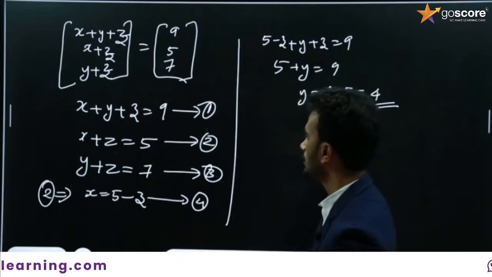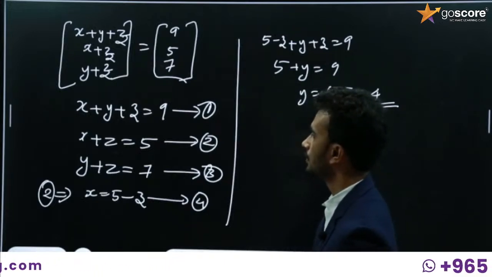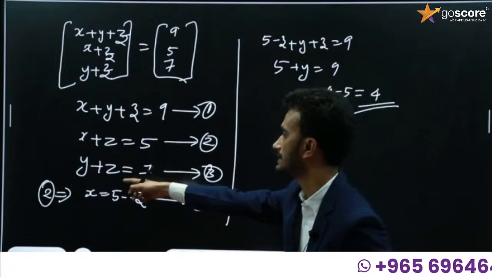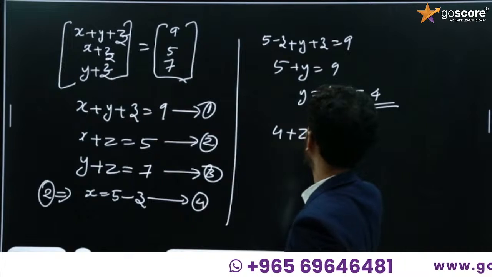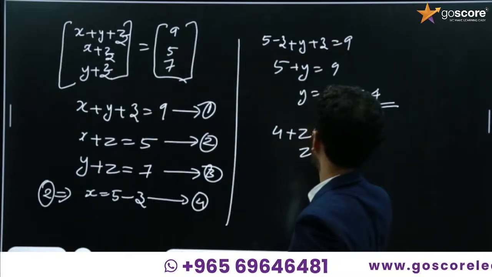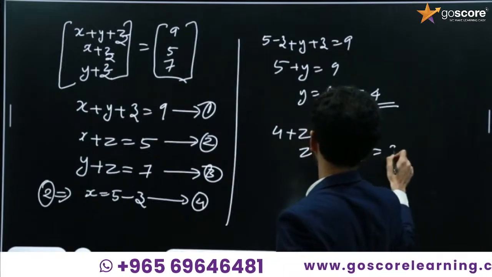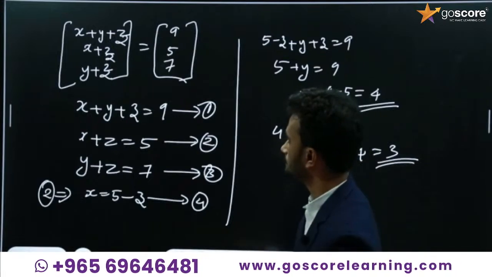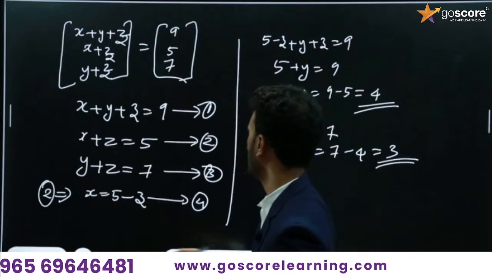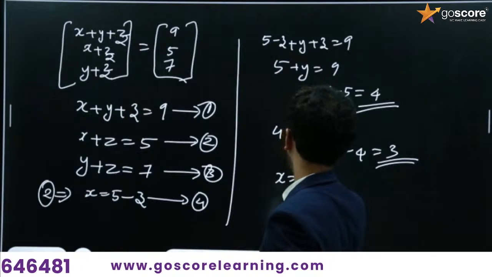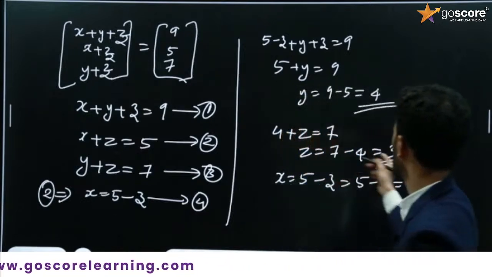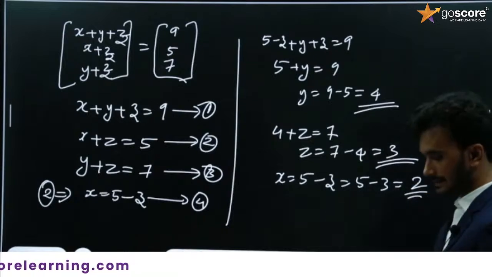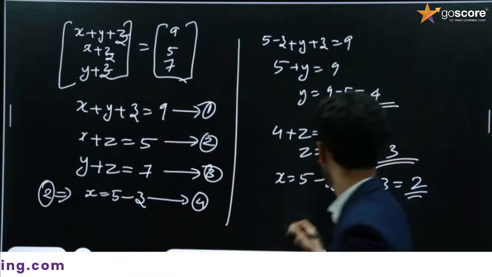Then if y is equal to 4, what will be the value of z? 4 plus z is equal to 7. Z is equal to 7 minus 4, that is equal to 3. Then what is the value of x? X is equal to 5 minus z, 5 minus 3, that is 2. So x is equal to 2.